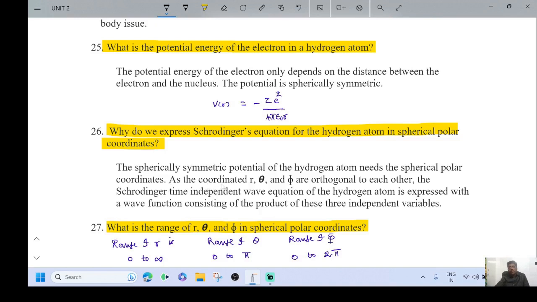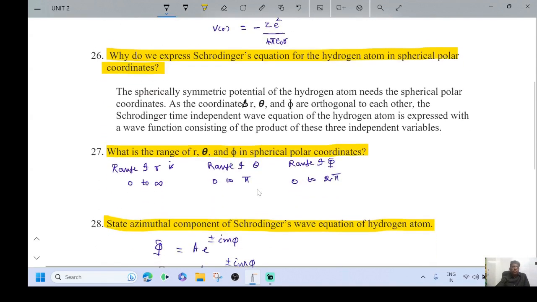As the coordinates r, theta and phi are orthogonal to each other, the Schrodinger time independent wave equation of hydrogen atom is expressed with a wave function consisting of the product of these three independent variables.